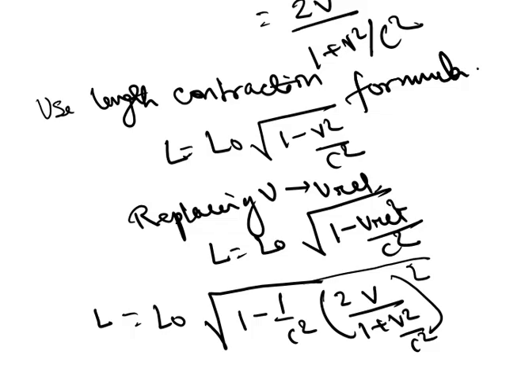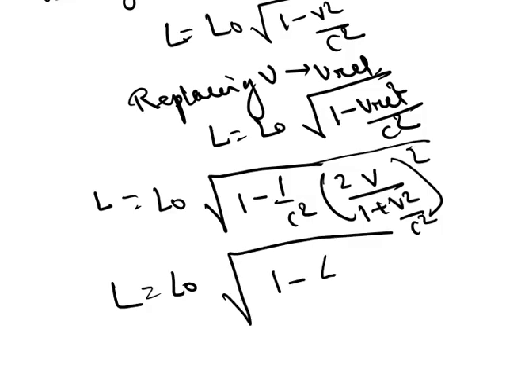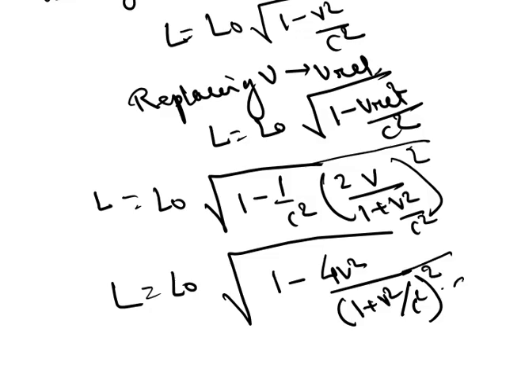So if we take the terms together, it will be L0 into root of 1 minus 4v square over (1 plus v square by c square) whole square into c square.